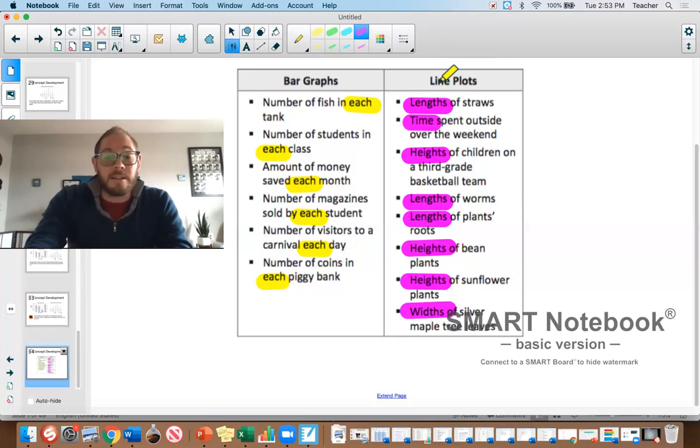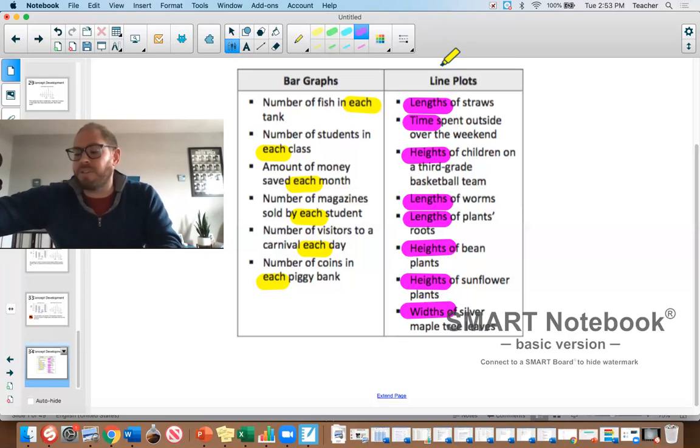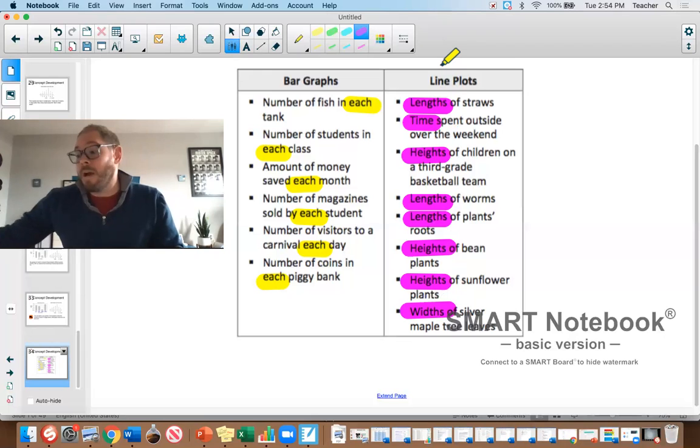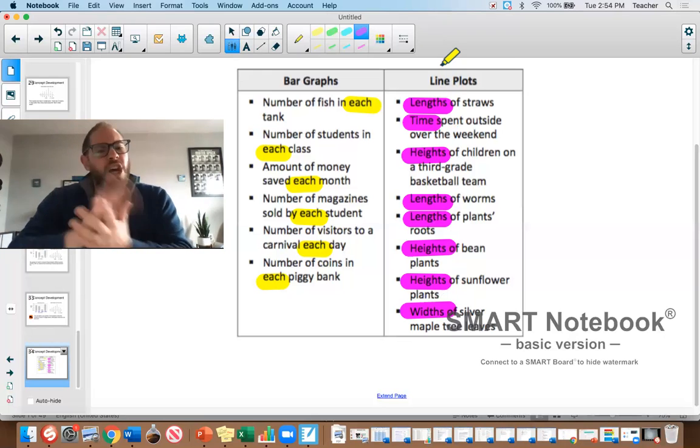All these things, length, time, heights, and widths, can be measured. They're all measurements that you might be able to use a ruler to measure, or maybe you'd need a measuring tape, but they're all things that can be measured. Can we measure how many fish are in a tank?